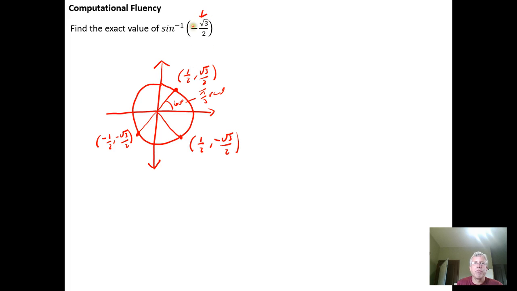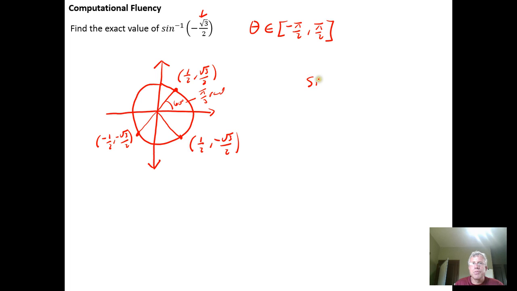But what we want to remember is that the sine inverse can only give us an angle over a restricted domain, and that restricted domain is the interval from negative pi over 2 to pi over 2.